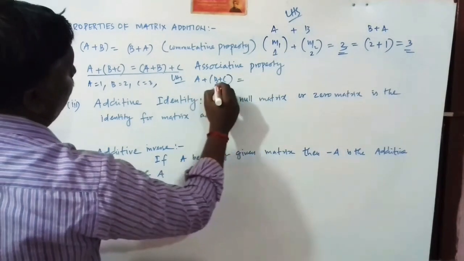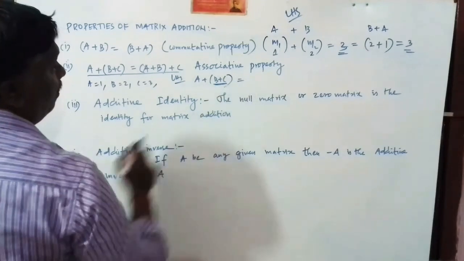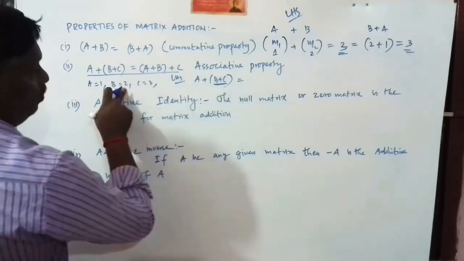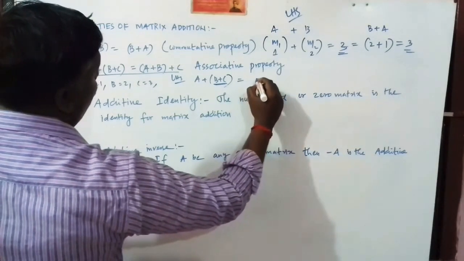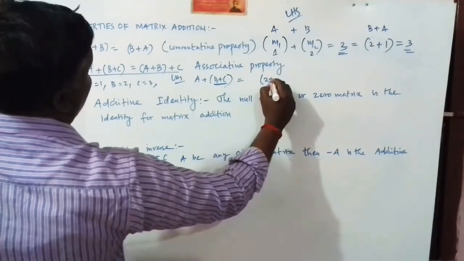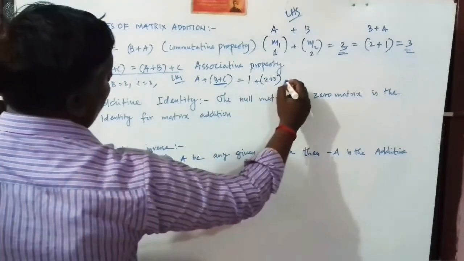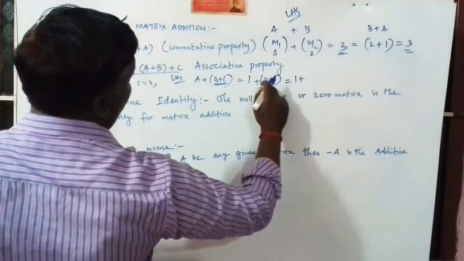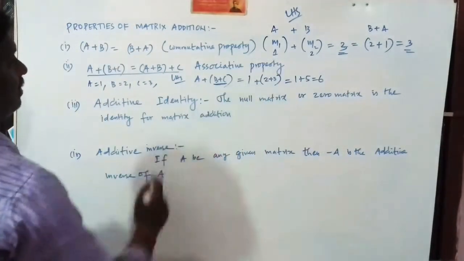Substitute the bracket value first. B equal to 2 and C equal to 3, so B plus C equals 2 plus 3, and replace A equal to 1. So 1 plus 2 plus 3 equals 6. So LHS equal to 6. Next, RHS.